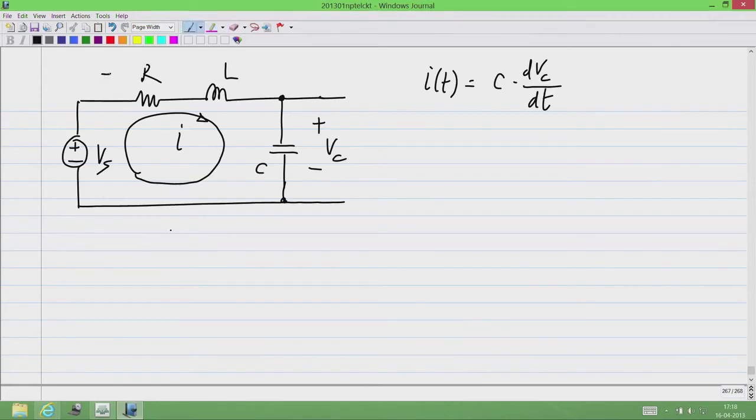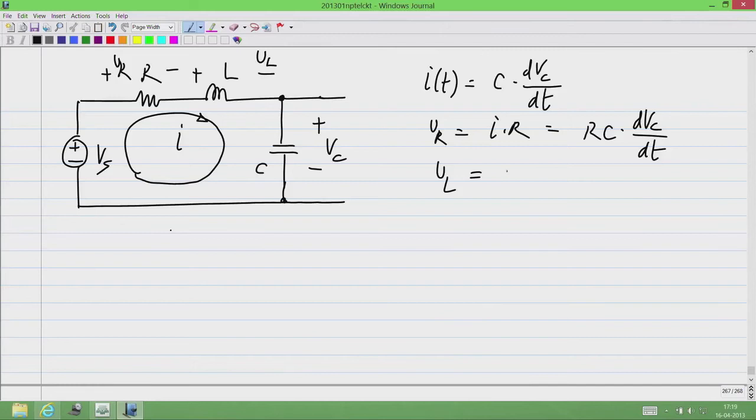The voltage across the resistor VR is I times R, and that is RC dVc by dt, and the voltage across the inductor VL is L times di by dt, which is LC times the second derivative of Vc. Okay.